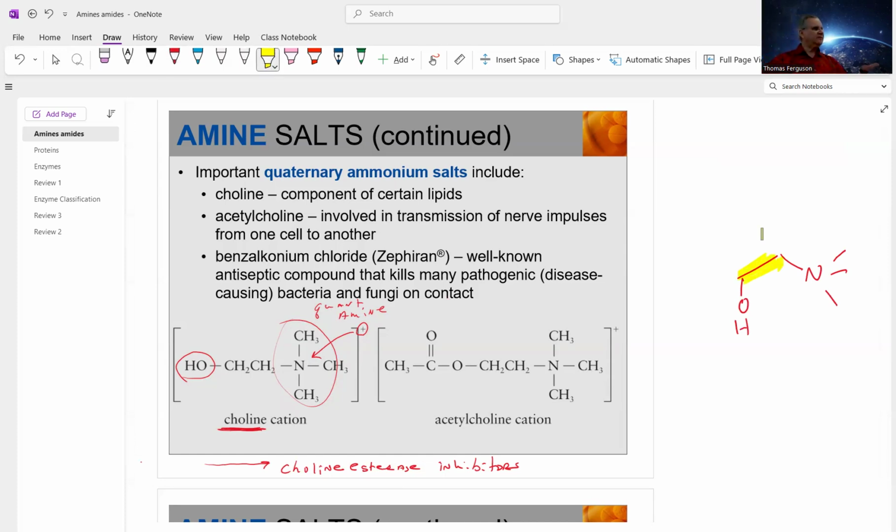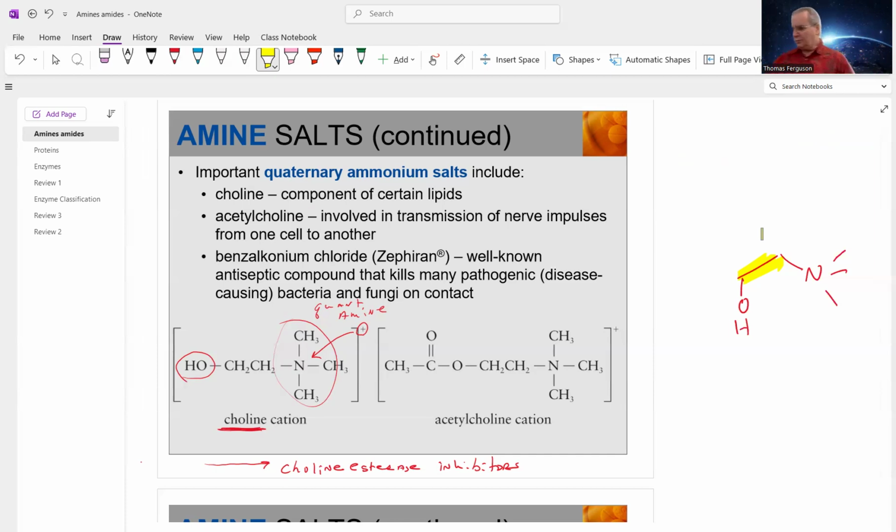Nitrogen has got 3 methyls hanging off of it. And at the other end is an alcohol. This is what's in lecithin. If you remember from unit 3, lecithin has got choline forming an ester of phosphoric acid on the very third one down, third carbon down.